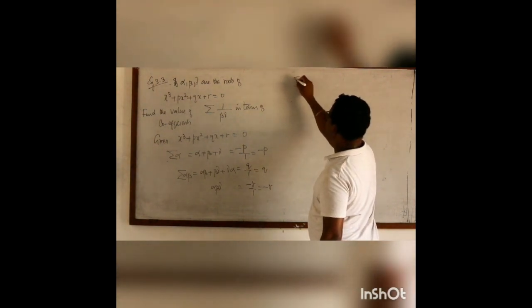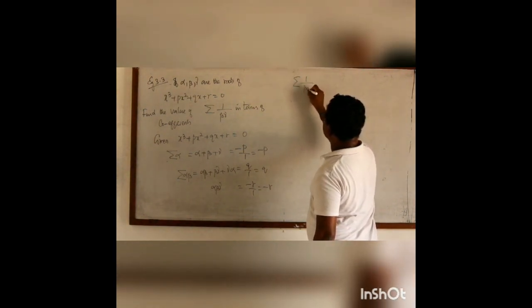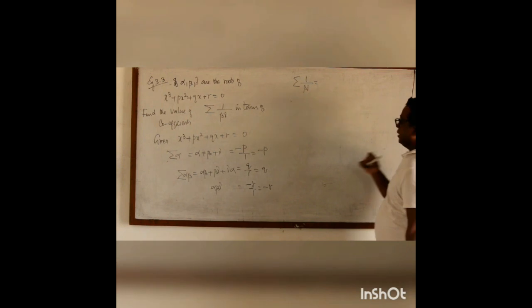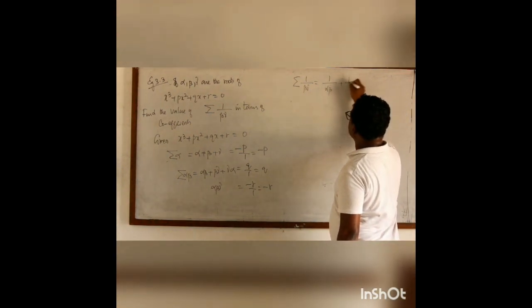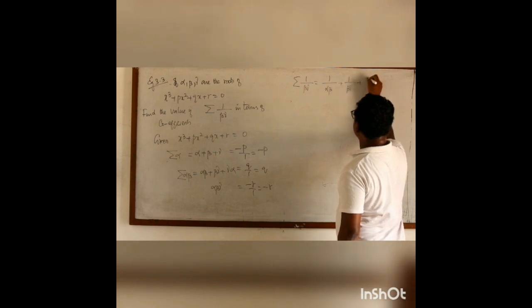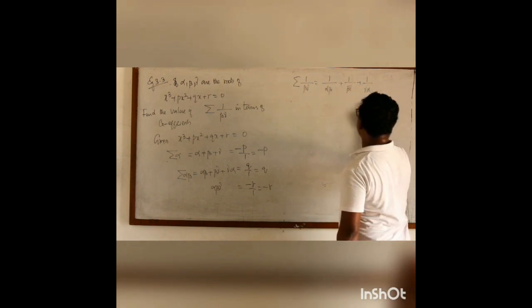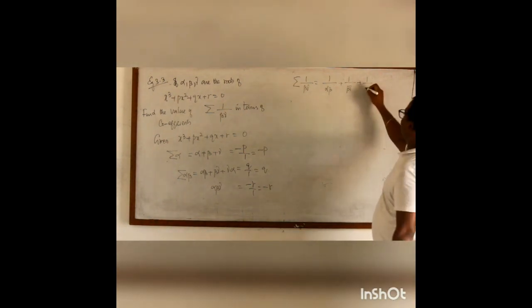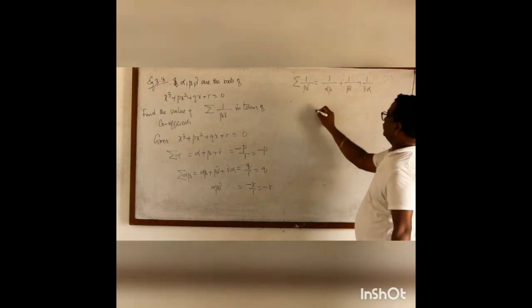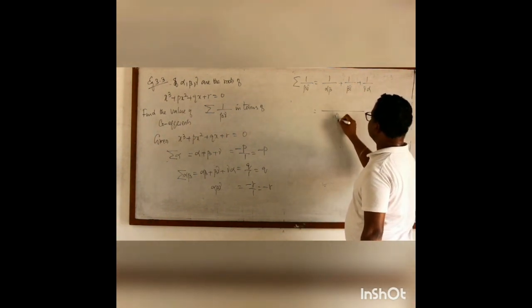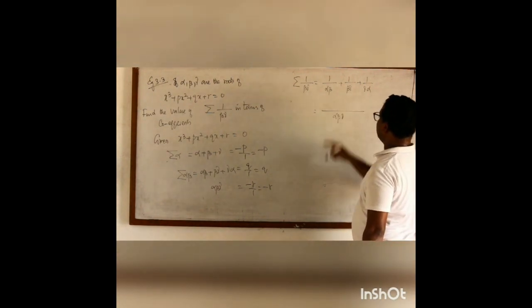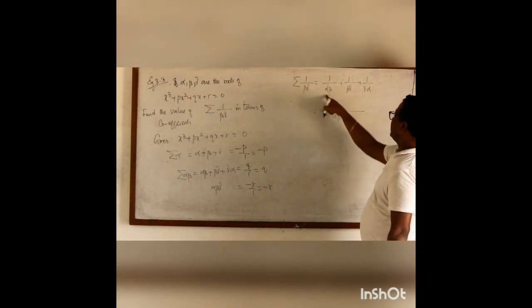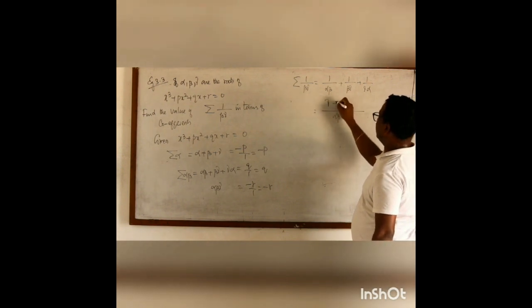They need sigma 1 by beta gamma. That is 1 by alpha beta plus 1 by beta gamma plus 1 by gamma alpha. This is what they did. Now, to find this, find the LCM. The LCM is alpha beta gamma. Here gamma is missing when I compare with these two, so I must multiply with gamma.